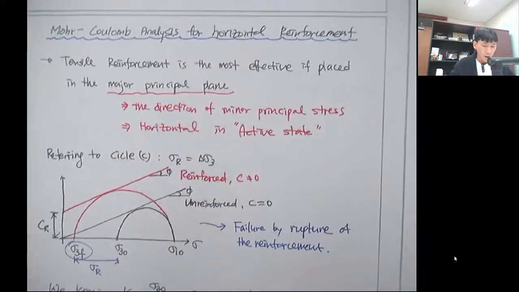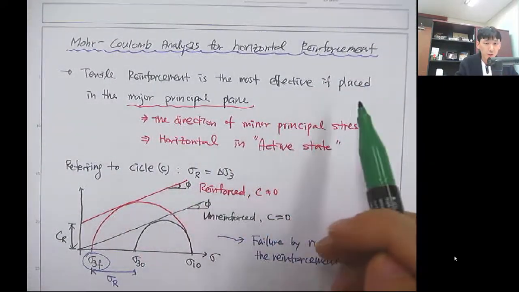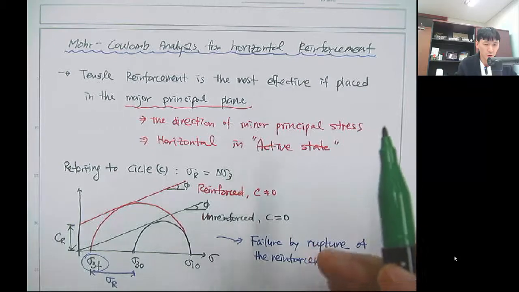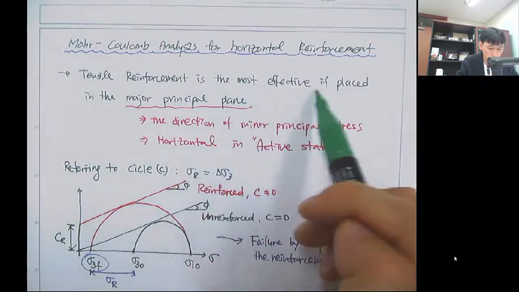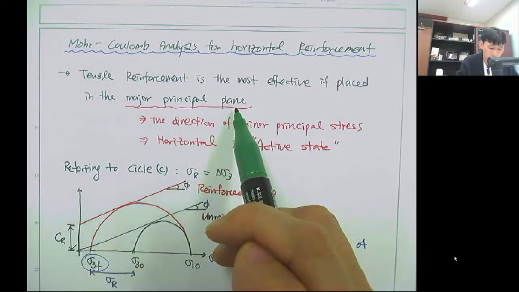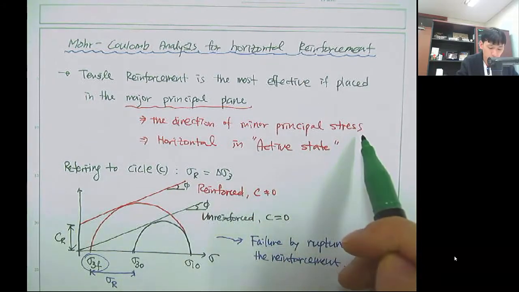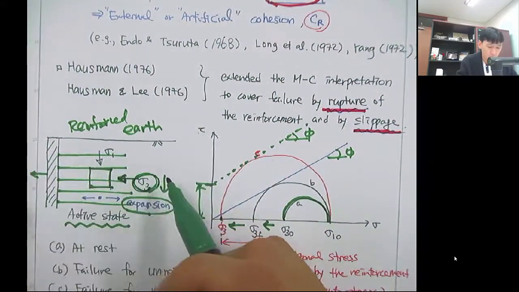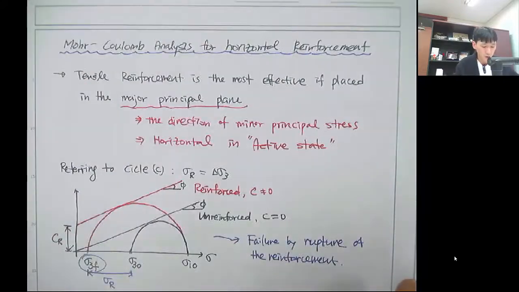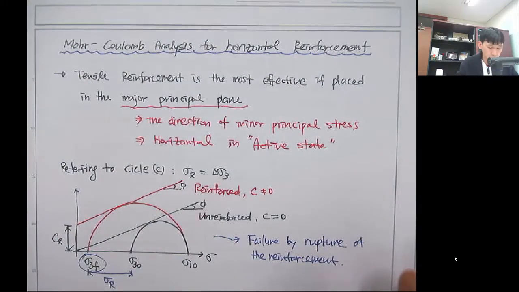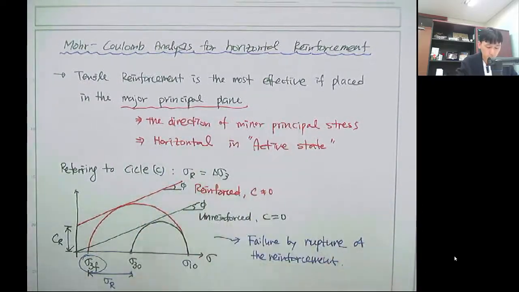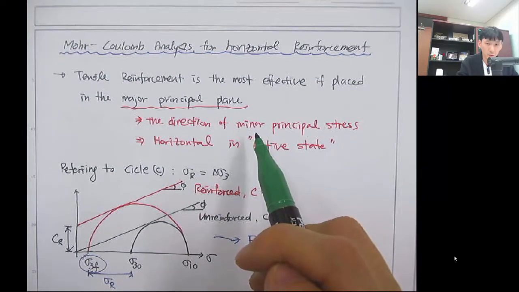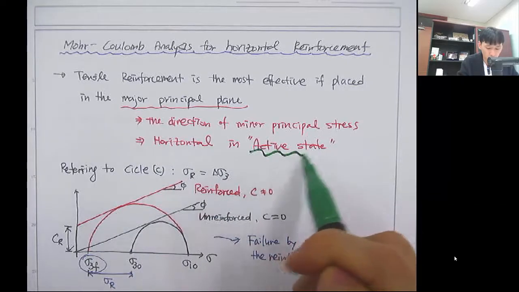So this is the basic concept. Like I said, the Mohr-Coulomb analysis for the horizontal reinforcement is basically the same as what I just showed you. Tangential reinforcement is most effective when placed in the major principal plane, which is the direction of the minor principal stress. If sigma 3 is the horizontal stress, then placing the reinforcement in the direction of the minor principal stress is the best and most effective, so horizontal in the active state.